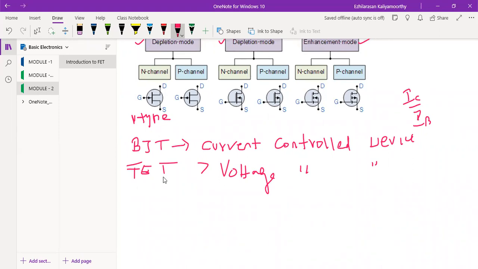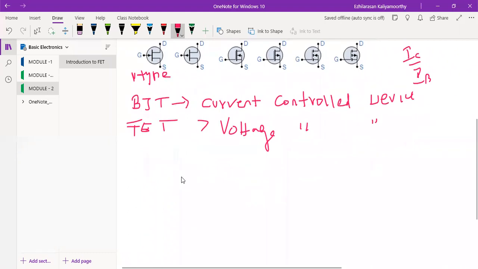In the same way, the FET is a voltage controlled device. The voltage between two of the terminals controls the current through the device. The very main important advantage of this FET is that it has very high input impedance.